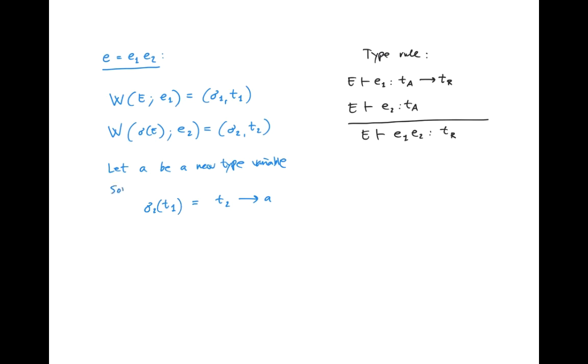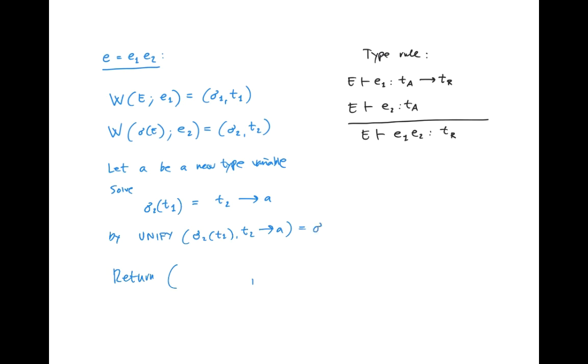So we solve this by calling unify on sigma 2 of T1 and T2 to A. Then we return. What do we return? Well, we return a substitution. Unify returned a substitution sigma.